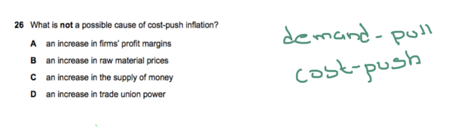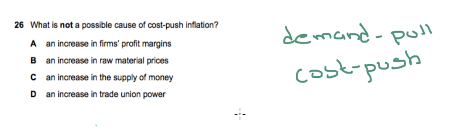Now it is tempting to say that a firm's profit margin is not an input, and so that would not lead to cost push inflation. But that is why I said that cost push inflation is caused by something which is a component of the final price. We know that a profit margin is a part of the final price because the price is determined by first calculating the cost of the inputs and then adding a profit margin.